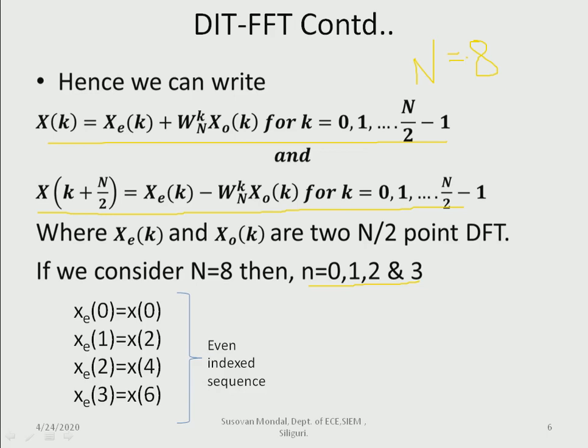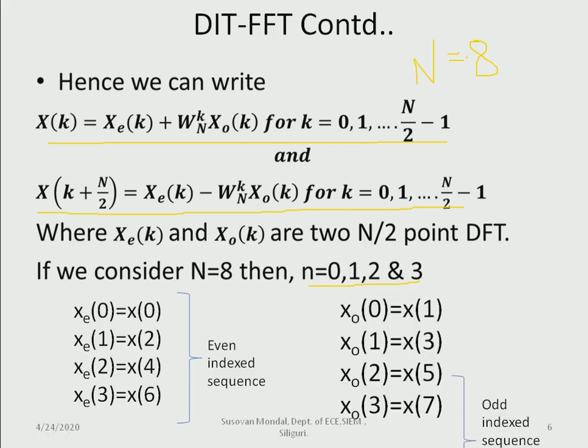X of 0 is termed as x even of 0, and x of 2 is x even of 1. So we are creating a new sequence called x even, where E stands for even, from 0 to 3: x even of 0 is x of 0, x even of 1 is x of 2, and so on. These are the even index sequence, and these are the odd index sequence. So in the time domain we have decimated the sequence into even indexed and odd indexed. By these two equations, I think this is very clear to you.